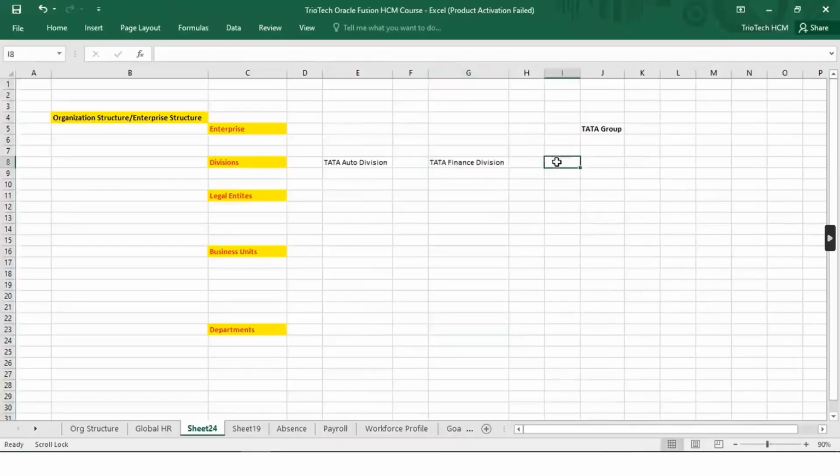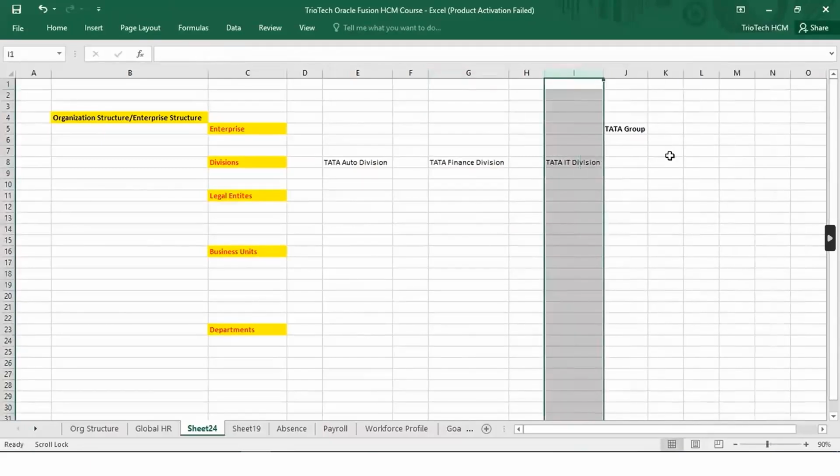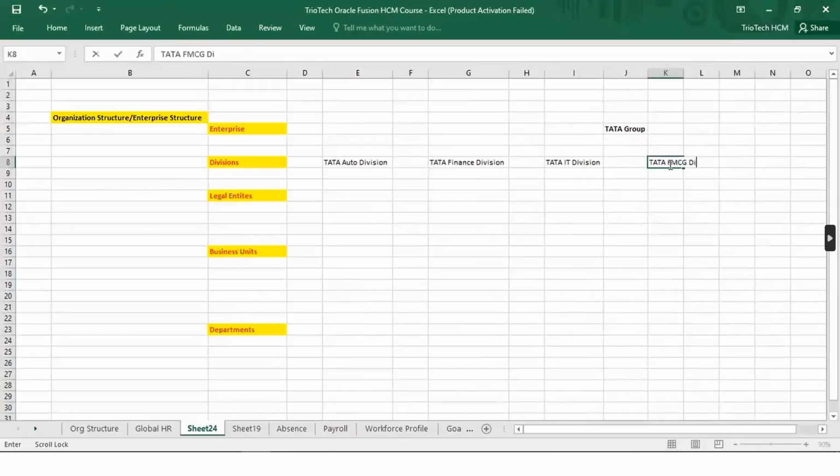Then something like, you can consider it as a Tata IT division. Then Tata FMCG division. Okay. Then Tata Aviation division.